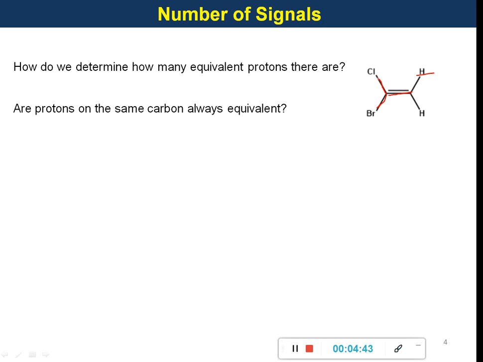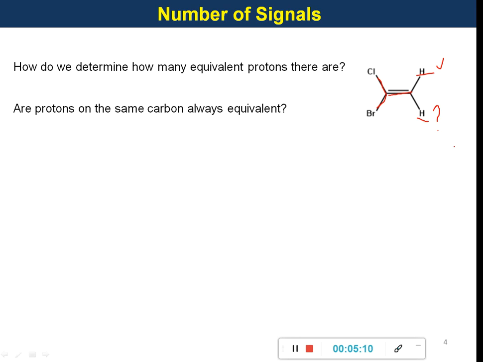Like that we have to find out the equivalent protons. If they are attached to similar atoms, then they are all equivalent. If there is no difference, then we assume they are equivalent protons. If there is a difference, then we say they are non-equivalent protons.